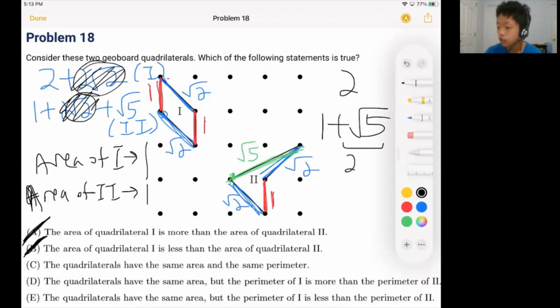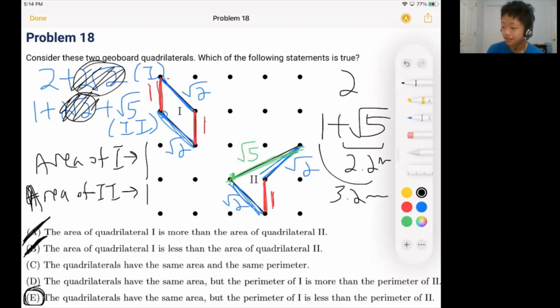It's going to be 2.2 something. So 1 plus that is going to be 3.2 something. So 1 plus √5 is bigger than 2. That tells us that the perimeter of quadrilateral 1 is less than the perimeter of quadrilateral 2, and that would give us choice E.